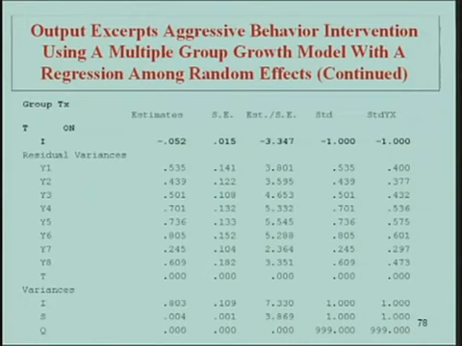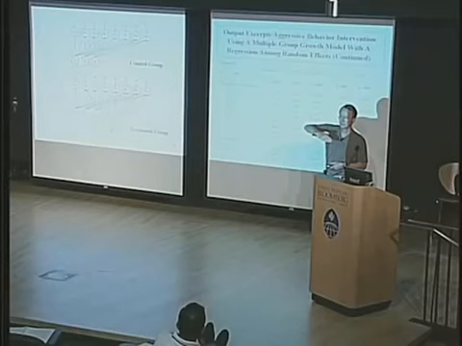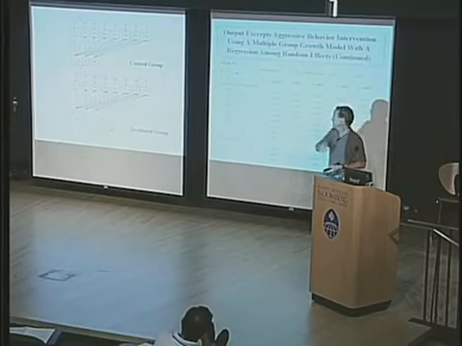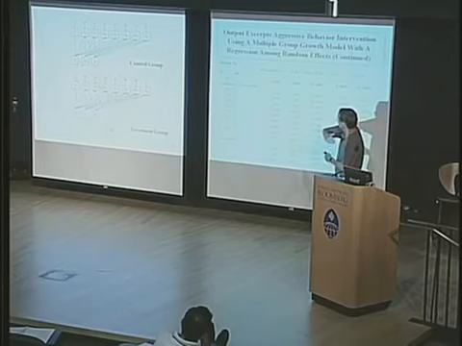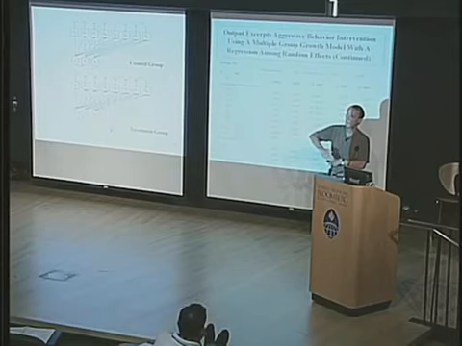Lower slope means we go like this. Clock hand goes clockwise. And as the treatment-specific linear slope goes down, it pulls down the aggressive behavior. So the negative is good here.